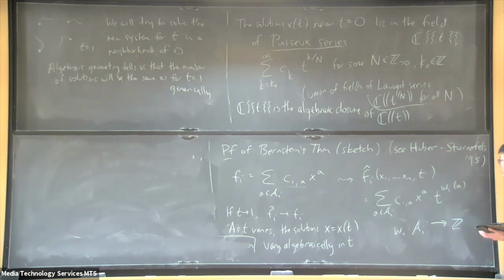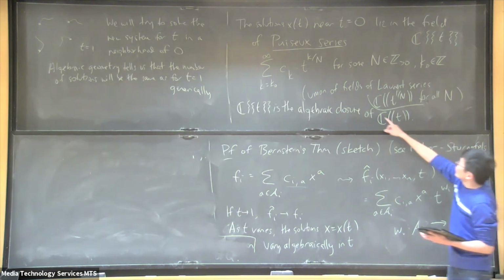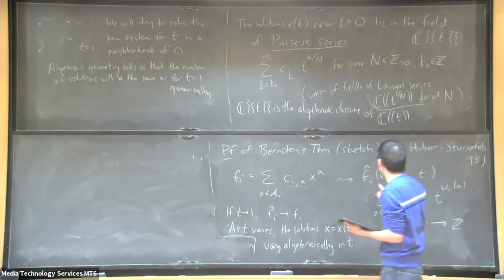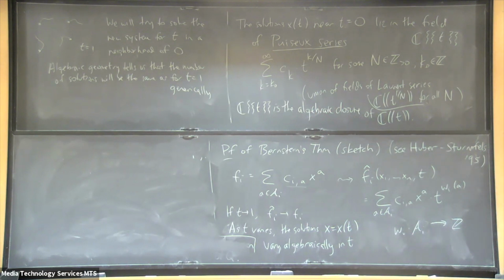So when I figure out what all the valuations, the lowest degree terms of all of these variables x can be, the possibilities will correspond to the mixed cells in the subdivision that we saw earlier, and then the number of solutions will end up being the volume of that mixed cell.